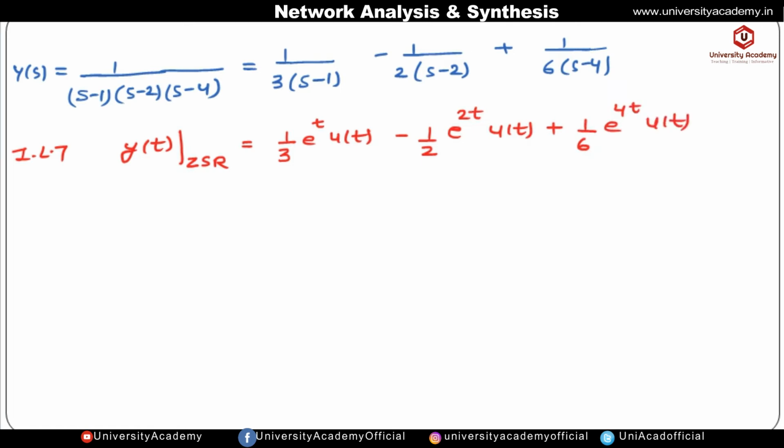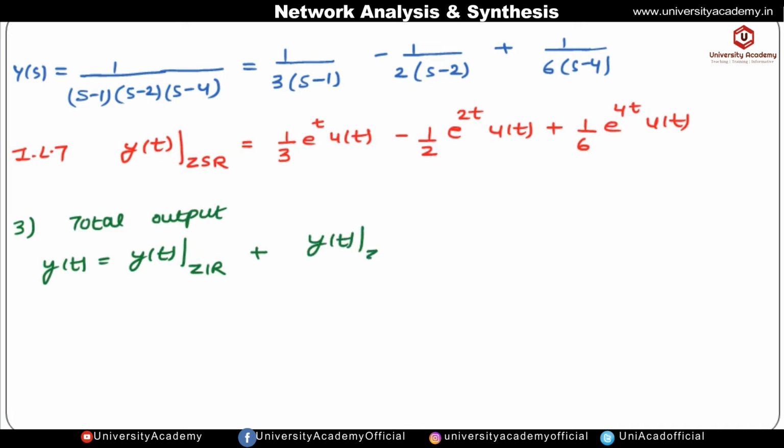And in the last part, that is the third part, we have to find out the total output. So the total output y of t will be a combination of the output due to zero input and the output due to the zero state response. So we have calculated both the responses.